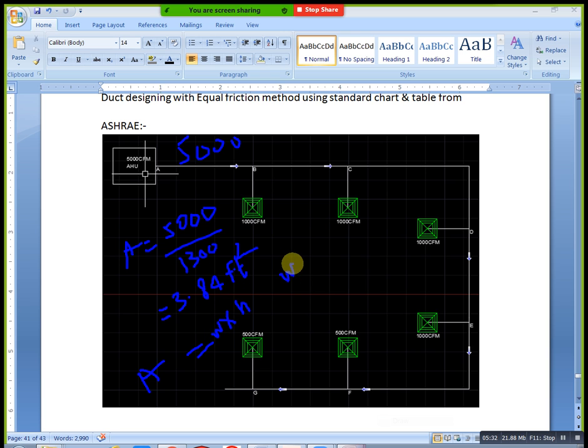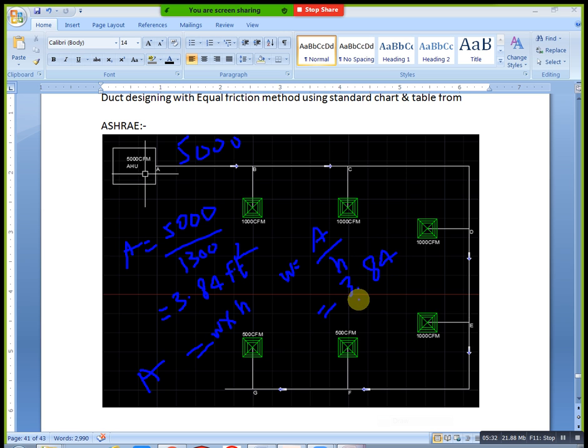Width value means you can write area by height. Then how much is your value? Area already we know is 3.84, but our height we know in inches, we don't know in feet.